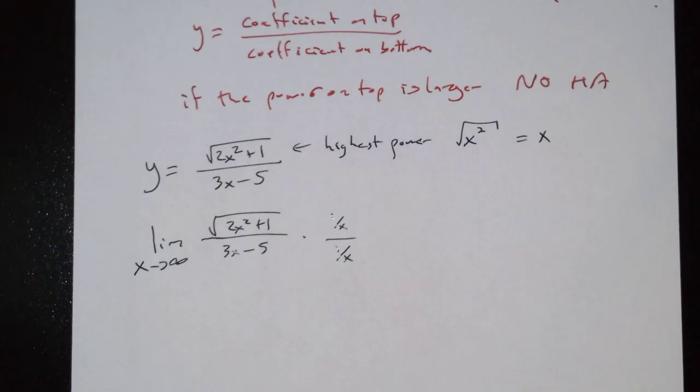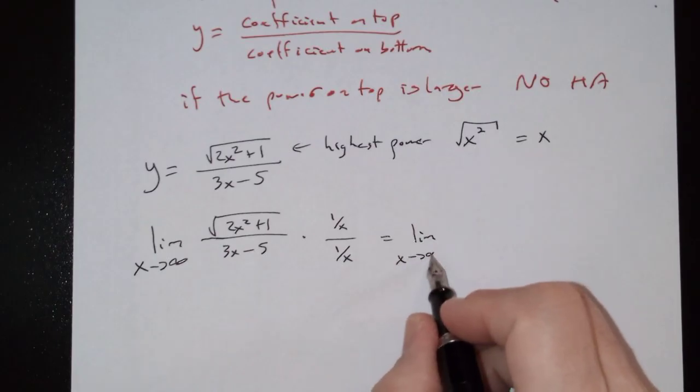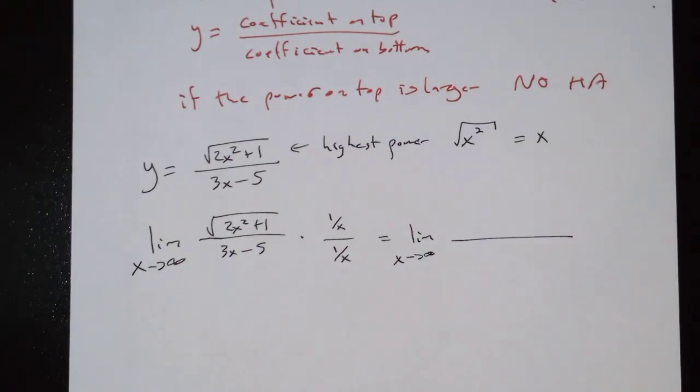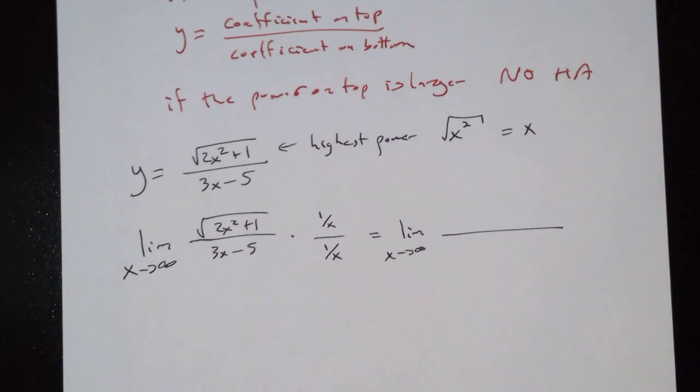Now on the bottom, this is easy. What am I going to get on the bottom? If I distribute this with both of those pieces, okay, but let's simplify that as much as we can.